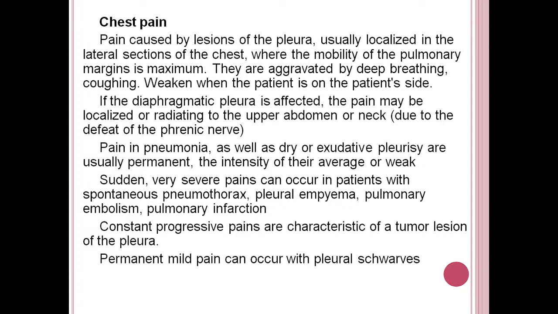Pain in pneumonia, as well as in dry or exudative pleurisy, is usually permanent. Its intensity is average or weak. Sudden, very severe pain can occur in patients with spontaneous pneumothorax, pleural empyema, pulmonary embolism, and pulmonary infarction.